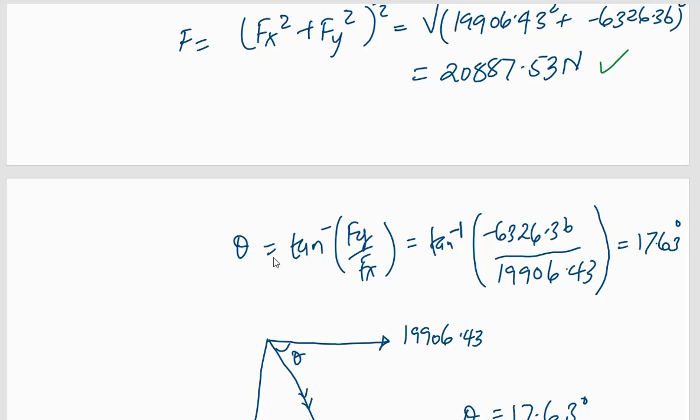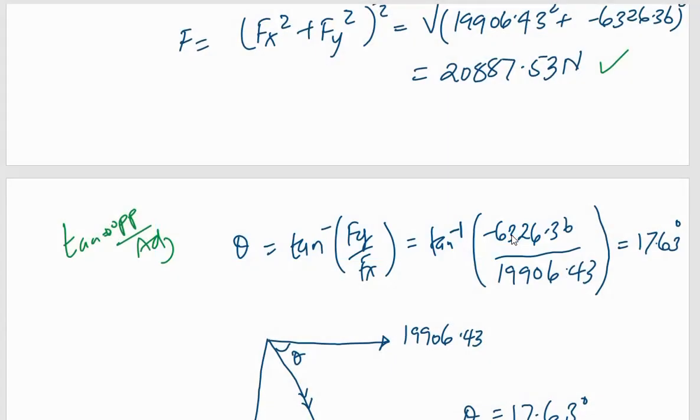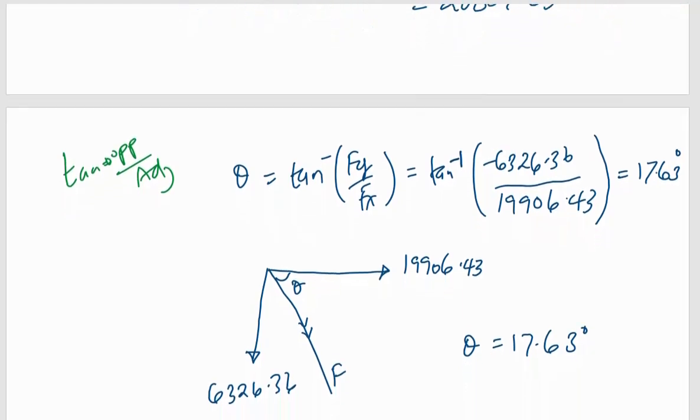Therefore, if we use SOHCAHTOA and tan equal to opposite over adjacent, then we find that theta will equal arctan. Since the opposite is Fy, then the adjacent is Fx, then the angle would automatically equal 17.63. So that is the force and that is the direction.